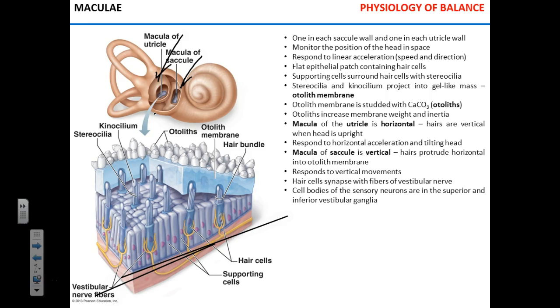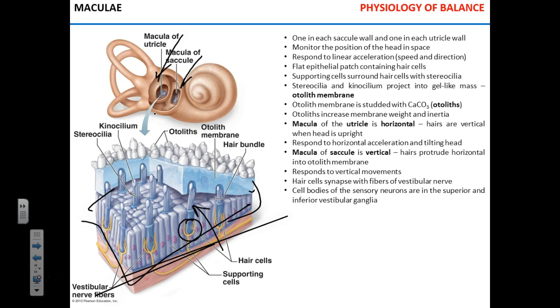How do they look? It's a flat patch of epithelium which contains hair cells. Now you know the structure of the hair cells, it's not something new to you. Those hair cells are innervated by the afferent fibers of the vestibular branch of the vestibulocochlear nerve.